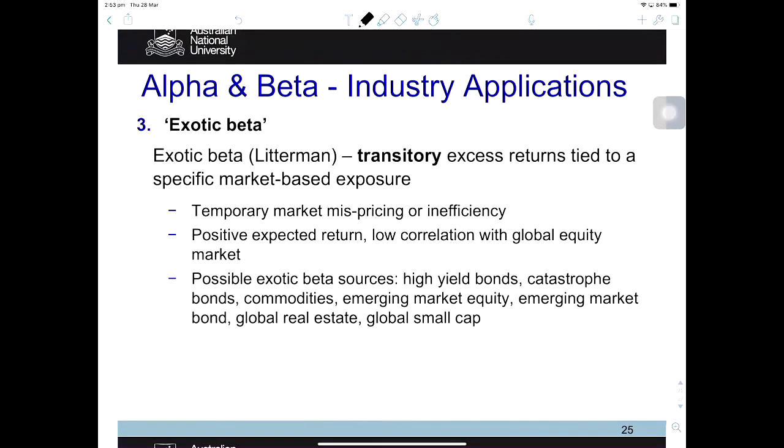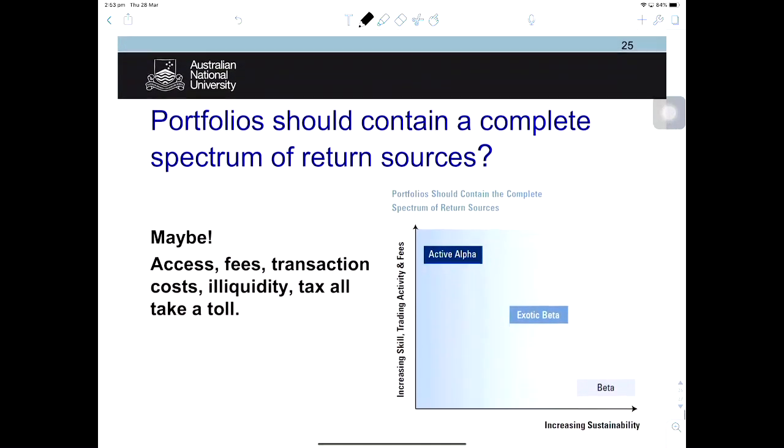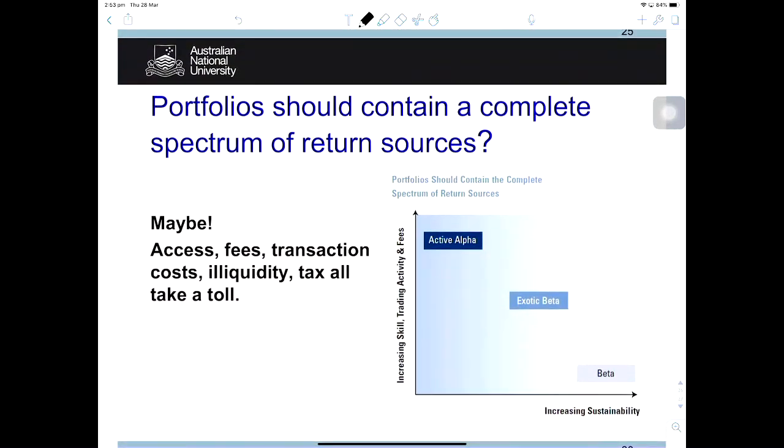Another investment strategy is the exotic beta. Exotic beta exposure comes from the transitory, temporary market mispricing of certain assets. For instance, commodities, which we observed at the end of the 1990s, early 2000s. These kinds of exotic beta exposure provide positive expected returns, but have low correlation with the equity index or equity market.